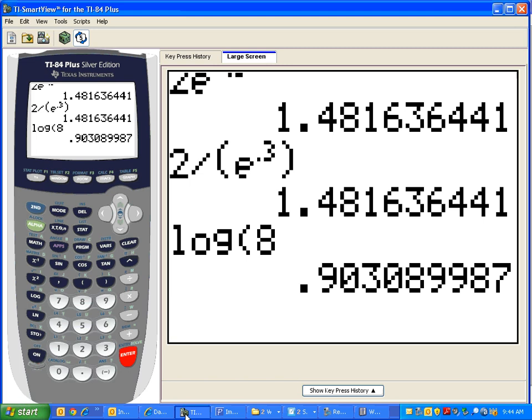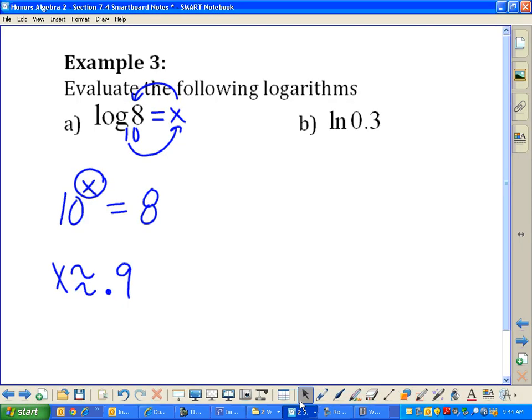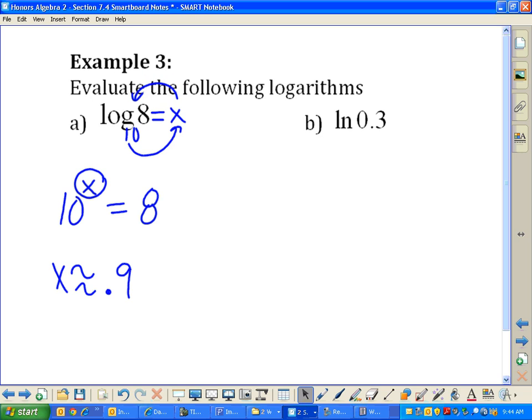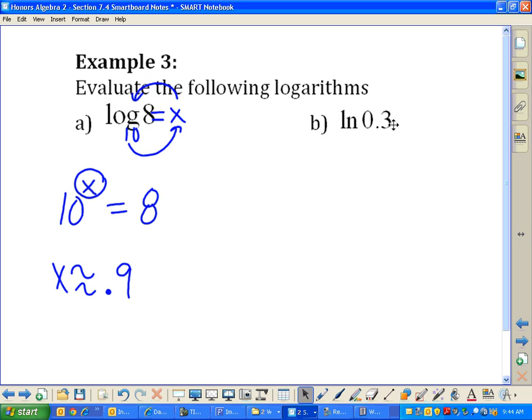We also have this sort of setup for the natural log. We could have our calculator evaluate the natural log of 0.3. Now that's the ln button. But before I have my calculator do it, I've got to think about what am I asking my calculator to find here.